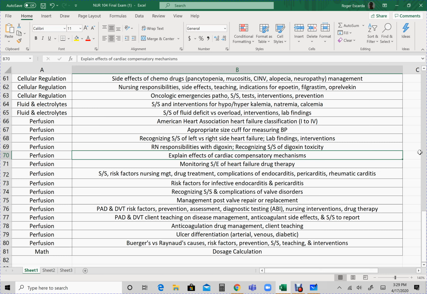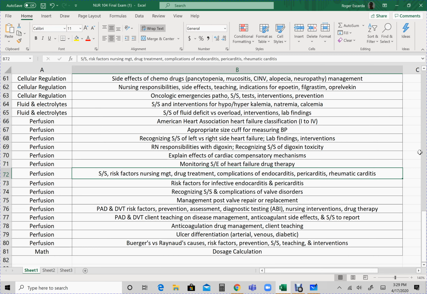But I believe chapter 33 also mentioned the BNP, B-type natriuretic peptides, because that was also part of the compensatory mechanism. And finally, the last one was on antidiuretic hormone. Next, the side effects of the doables acronym drug therapy on heart failure.